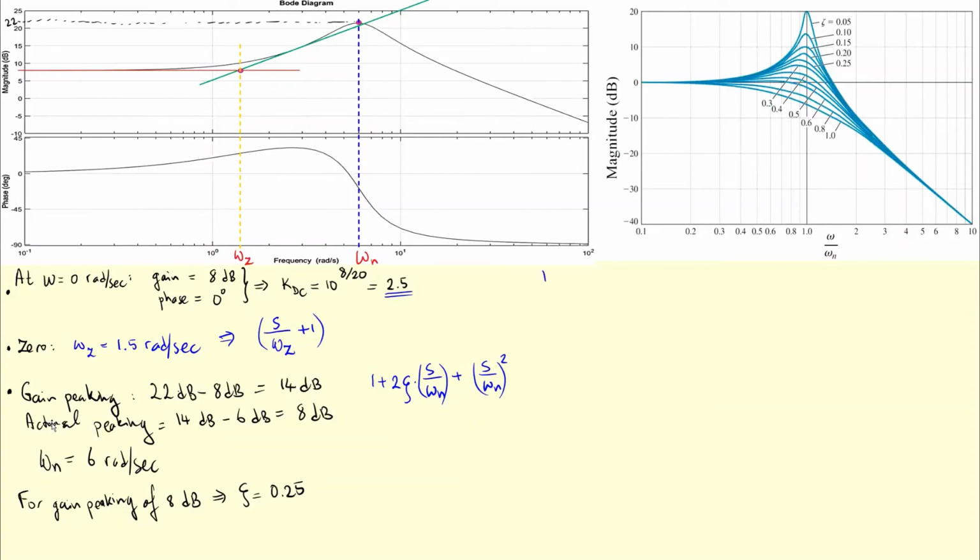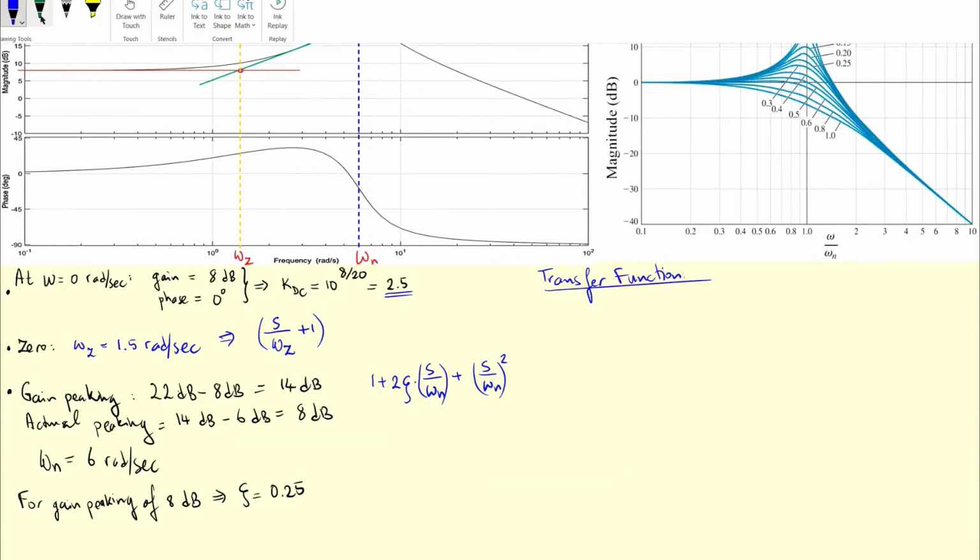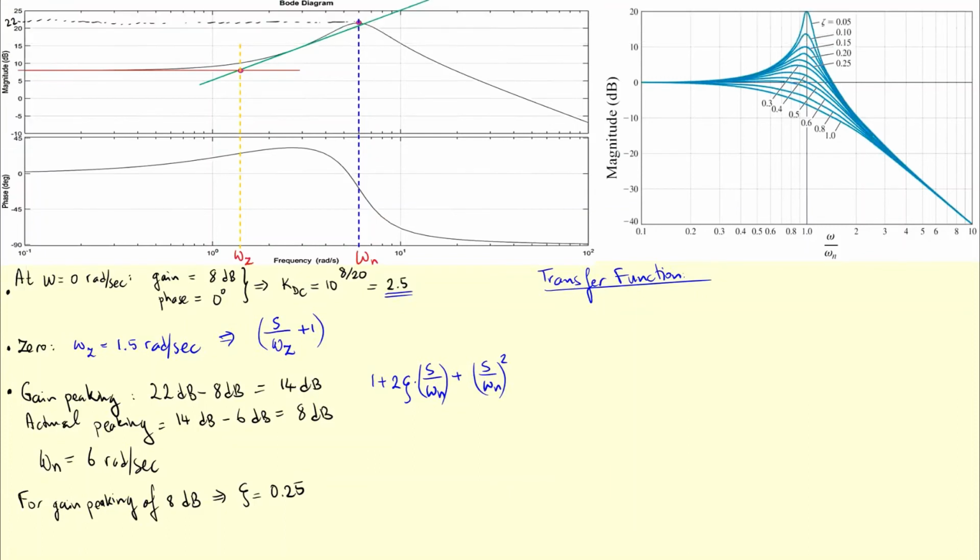So let's write down the transfer function here. What we have is G(s), which is KDC times the product of the zeros in this form, s divided by omega z plus 1.